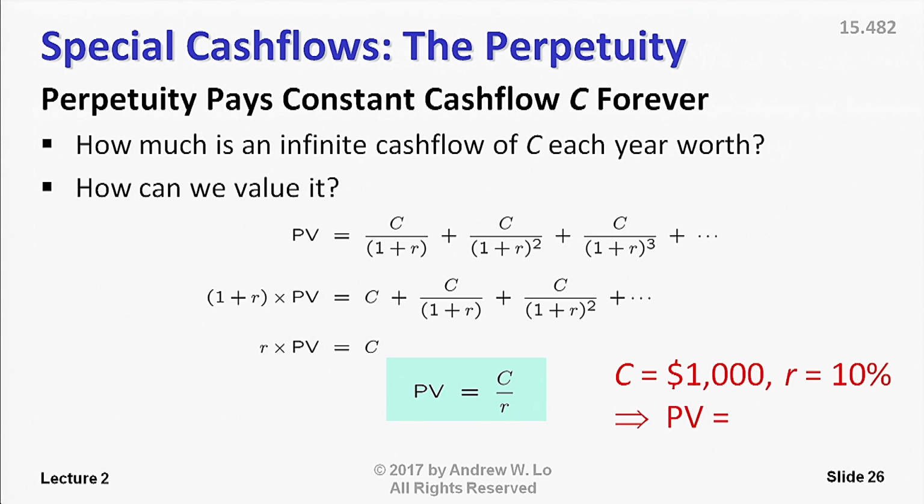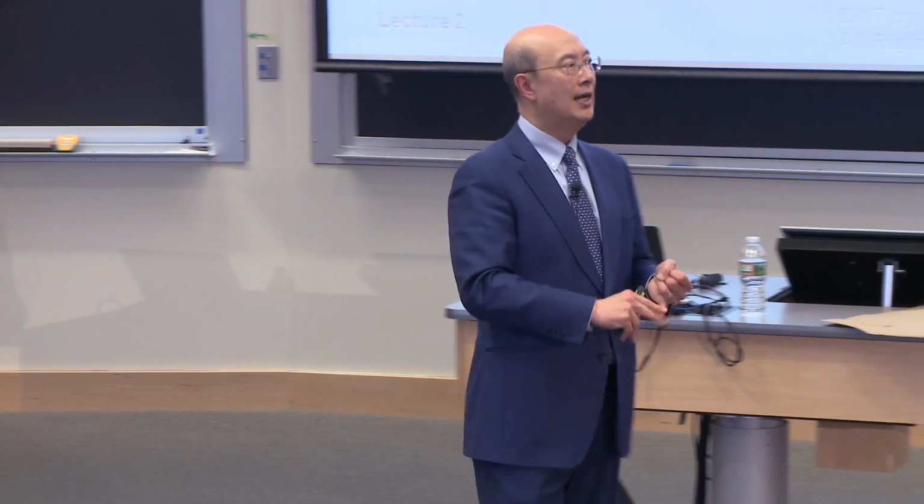And so if C is $1,000, if you get $1,000 every year ad infinitum, and the discount rate is 10%, then the present value is simply equal to $10,000. Very nice result. Very beautiful formula, very compact, and it contains all the elements that we care about in terms of the time value of money and how discounting works over time.